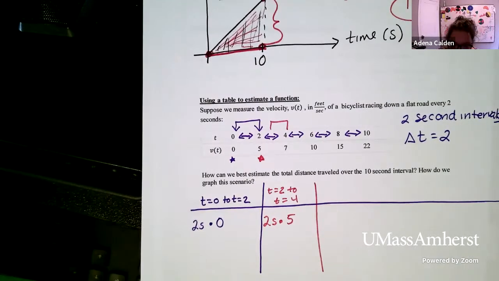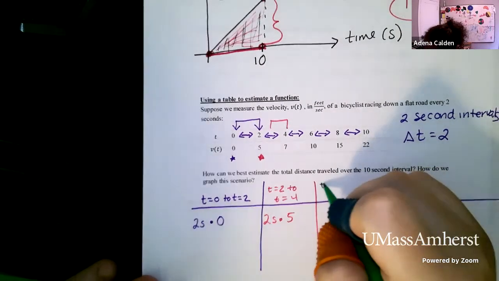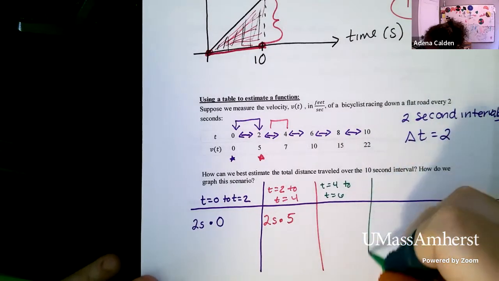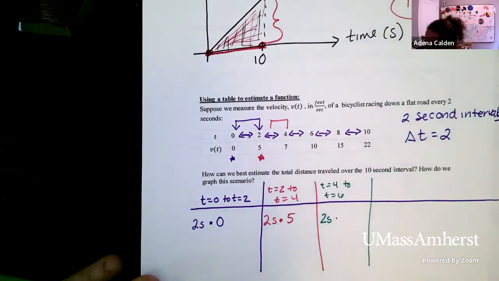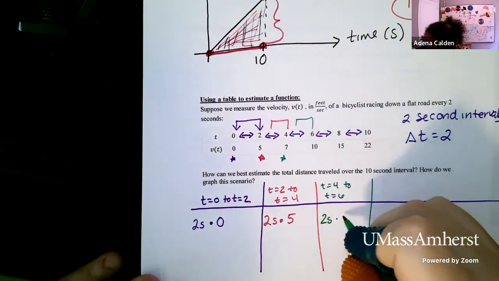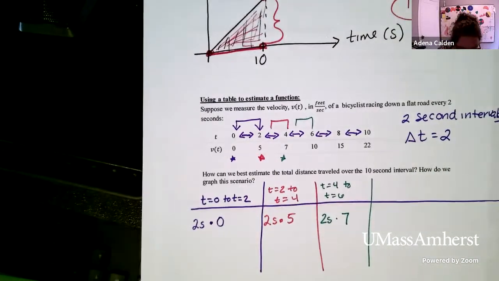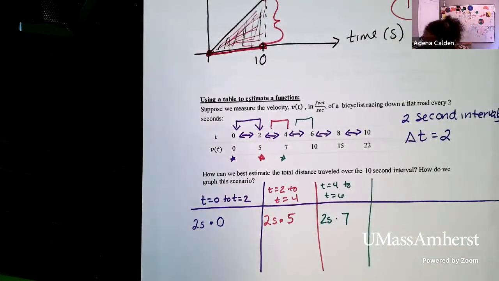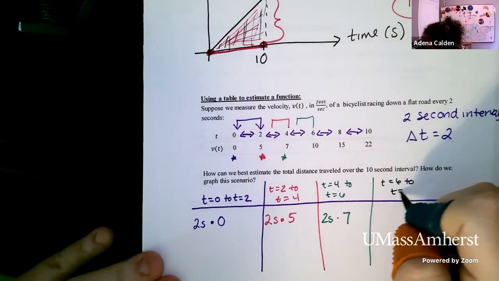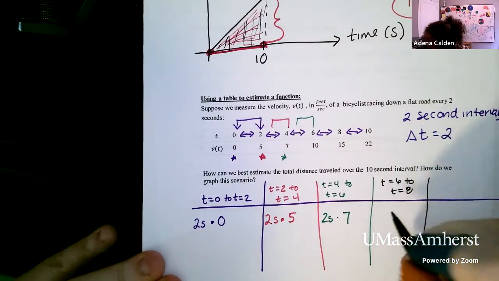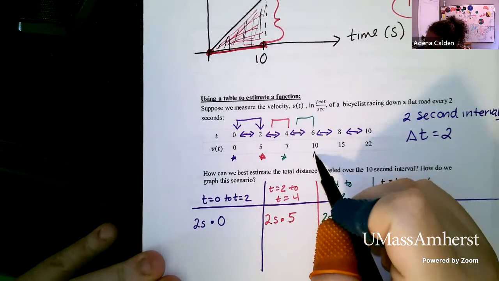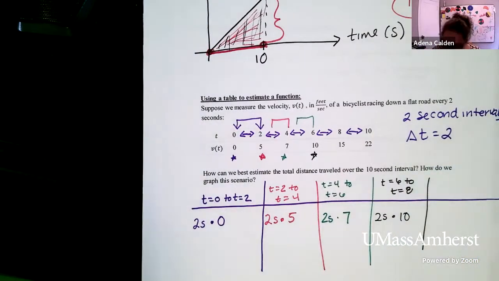Now, from time equals 4 to time equals 6, again, that's 2 seconds. And then I pick the rate on the left, which is 7. And then from time equals 6 to time equals 8, that's 2 seconds again. And I pick the rate on the left, which is 10.